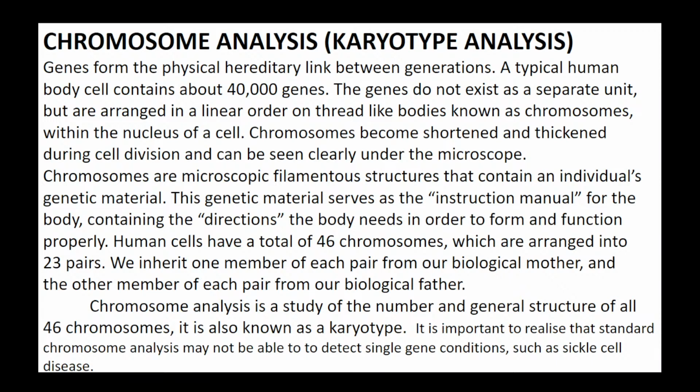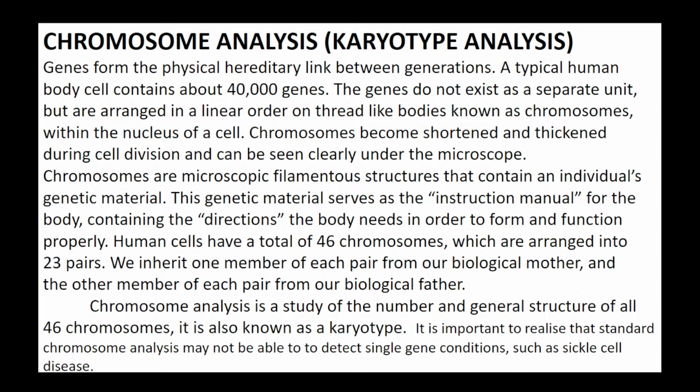The chromosomes carry genes, and the genes are arranged in a chromosome in linear order. In human somatic cells, we can find 46 chromosomes, which are arranged into 23 pairs.